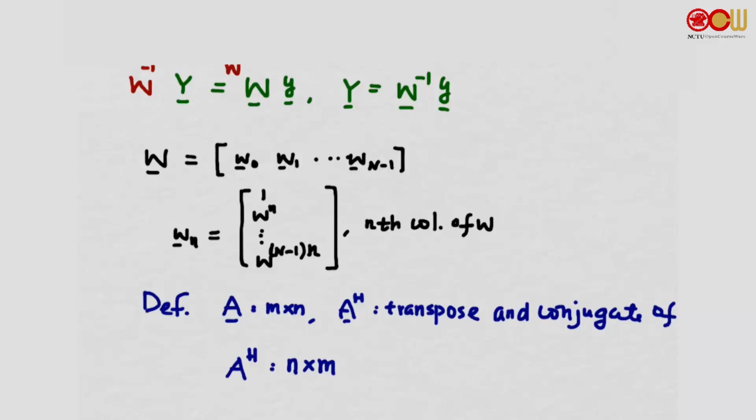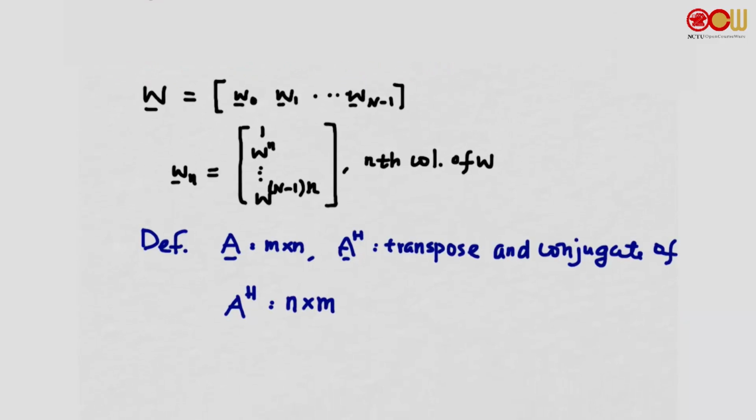So A Hermitian would be an m by n matrix. For example, A is a matrix like this: 1, 0, 0, j, and then 1 plus j, and 1.